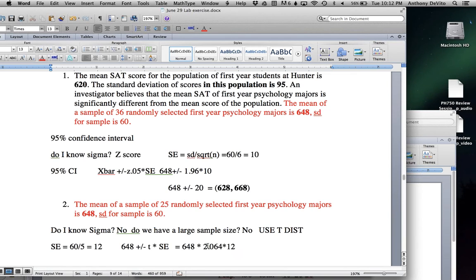Okay, so what's happened here? Since we're going to multiply a bigger number times our standard error, we're going to be adding or subtracting a larger number from our sample mean to get our confidence interval.